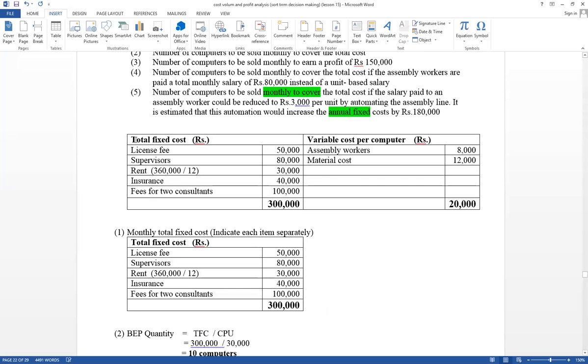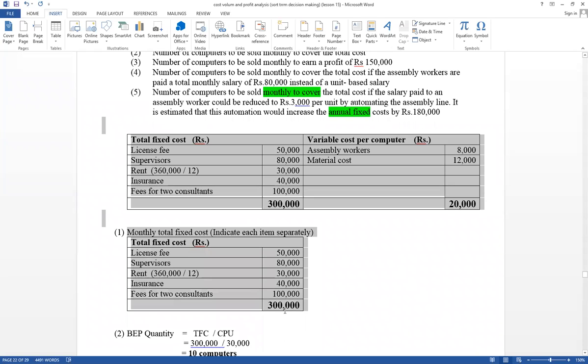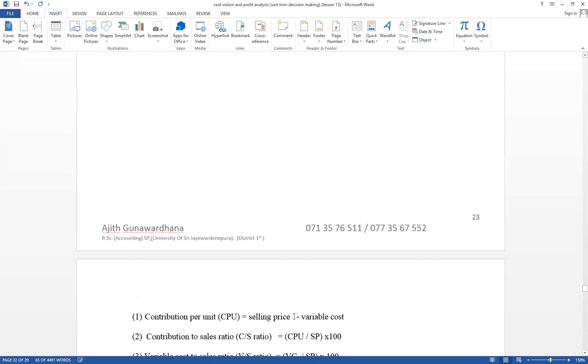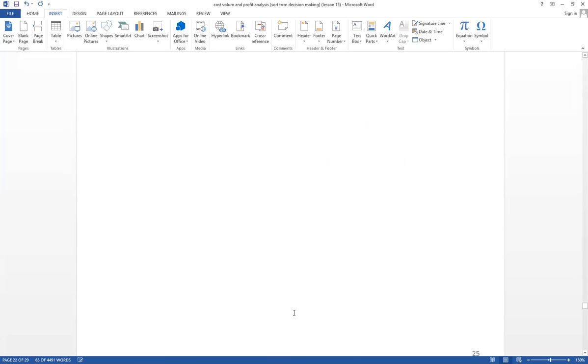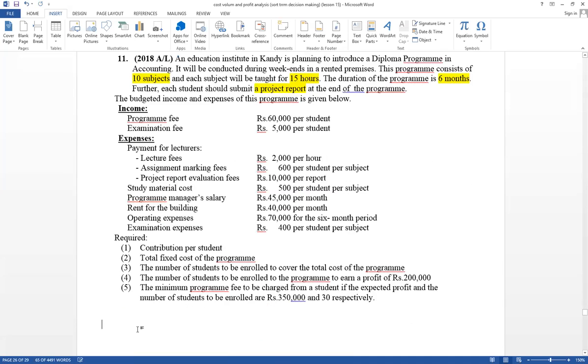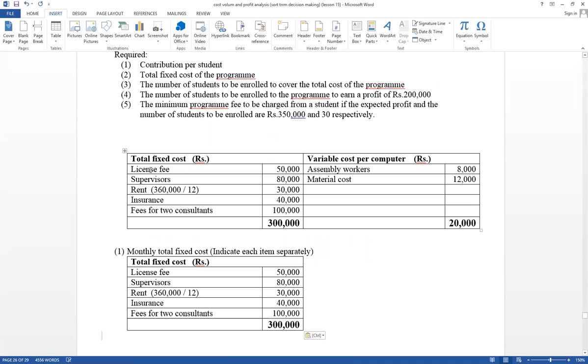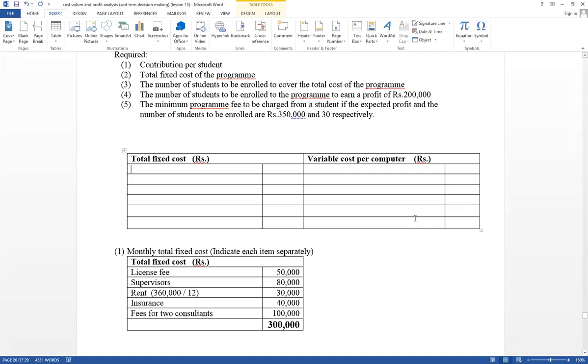Variable cost per unit and total fixed cost, as well as think about revenue also. There are three types of information you have to calculate before answering the question: total fixed cost and variable cost per student, and revenue also.